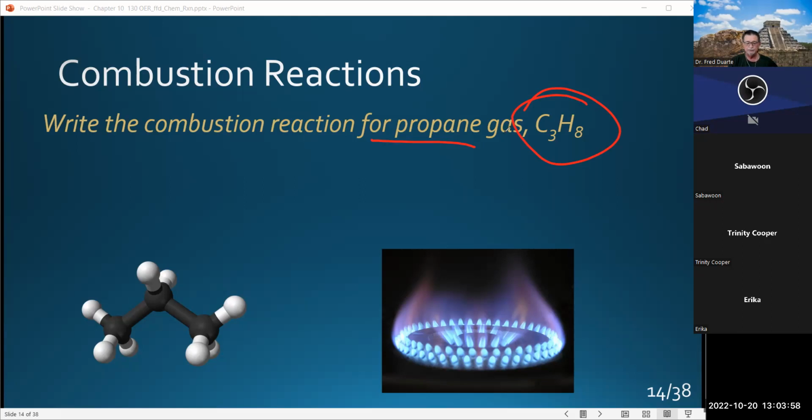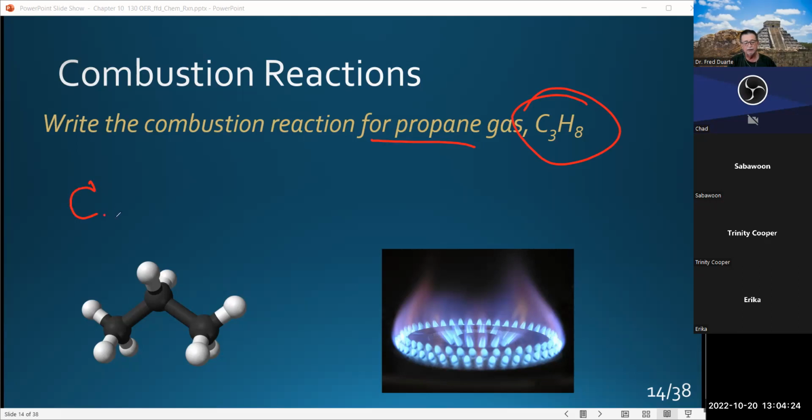non-polar species, okay? And one of the ingredients, the necessary ingredient or reactant for any combustion reaction, obviously, is oxygen. Sometimes people tend to forget that that's a requirement. So you can be given a question like, write the combustion reaction of propane gas, and then they give you the formula, okay?